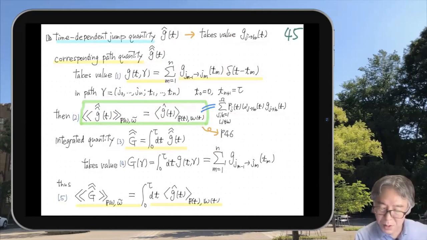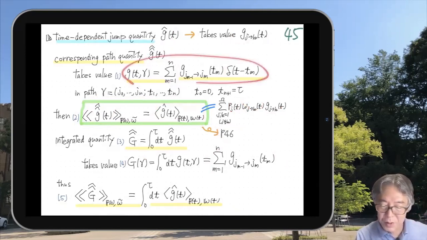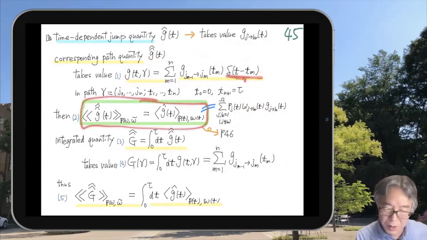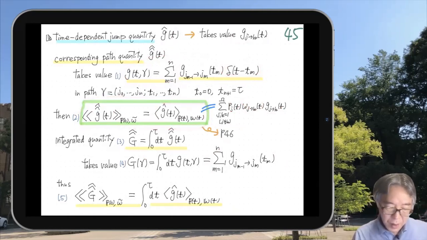This is the solution of the master equation, this is the transition rate at time t, and this is the jump quantity. Again, I'm going to show this on page 46. This definition looks a bit weird because it includes a delta function, but with this definition we have this nice identity.